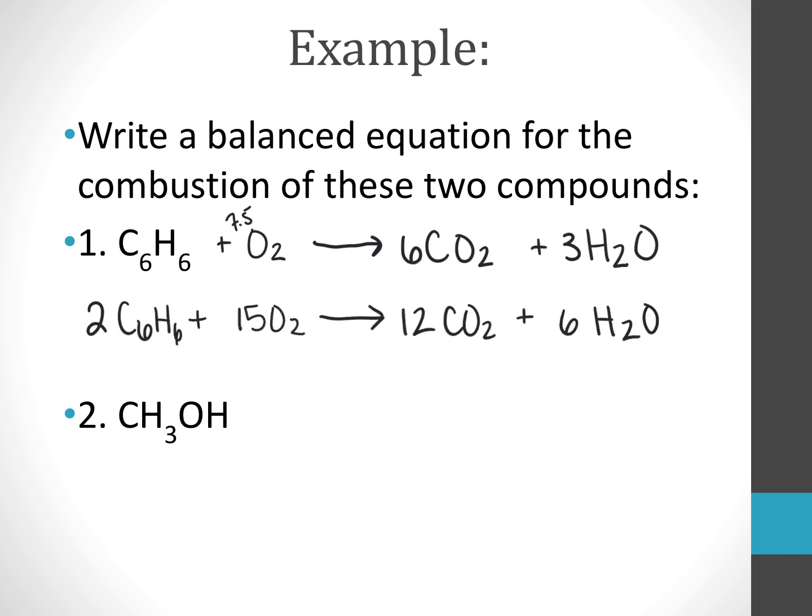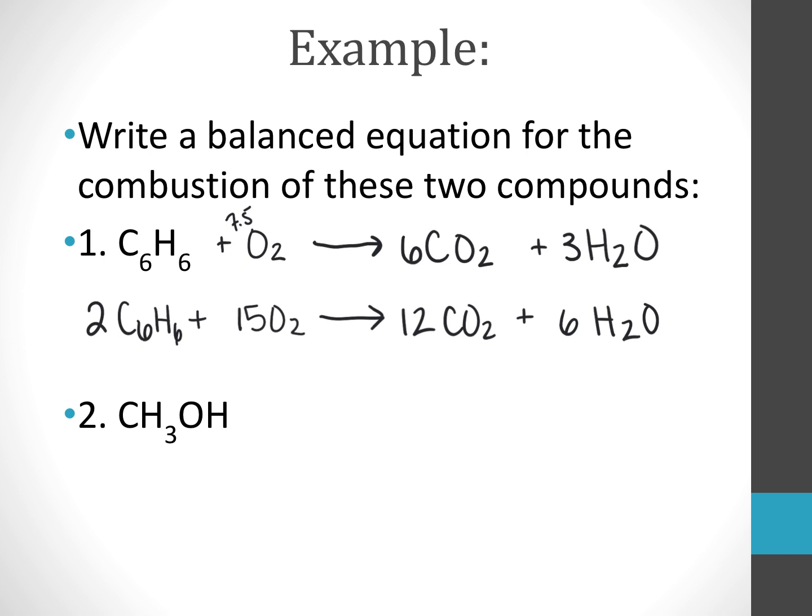Finally, the last step is to make sure everything's balanced. We have 2 times 6, 12 carbons, and 12 carbons. 2 times 6 is 12 hydrogens, and 6 times 2 is 12 hydrogens. Then 15 times 2 is 30 oxygens. Here we have 12 times 2 is 24, and this 6 carries over for 30.